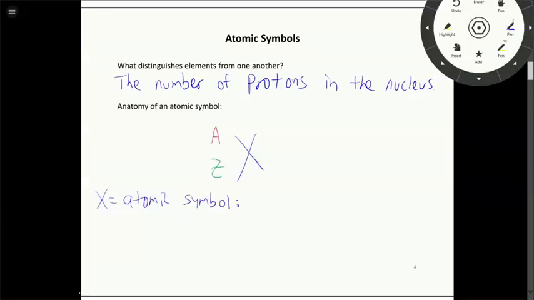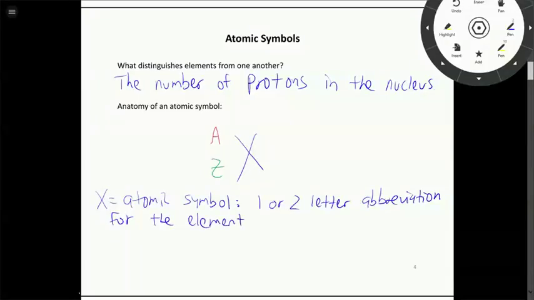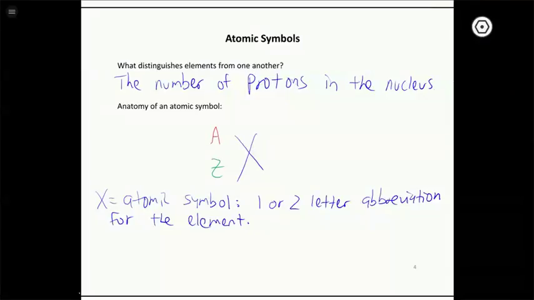It's a 1 or 2 letter abbreviation for the element that you're talking about. When you're writing out atomic symbols, if you want to look like you know what you're doing, make sure you only capitalize the first letter, and always capitalize the first letter.